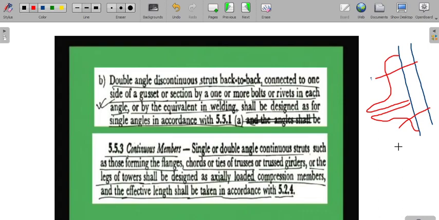The allowable stress will be equal to 0.8 sigma SC, and the effective length is equal to L. When we are using 2 rivets or the welding, in that case we have to use the guidelines given in number 2, that is effective length equal to 0.85 L and permissible stress equal to sigma SC. So these are the guidelines given in the code book, and we need to use them for the design of angle struts.